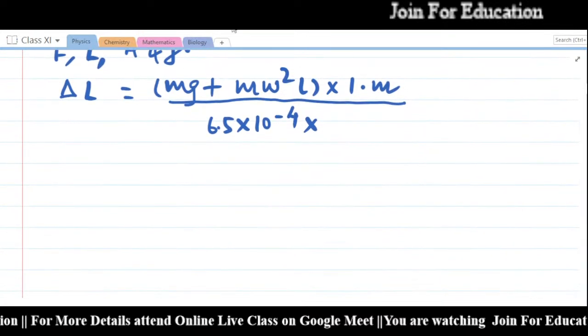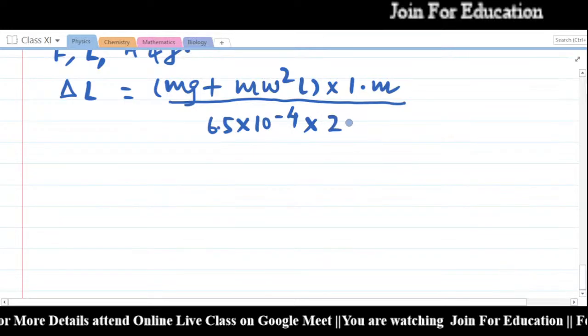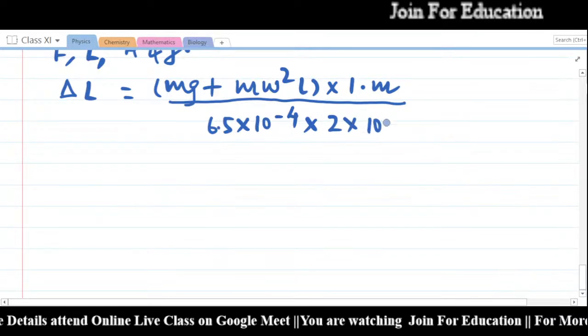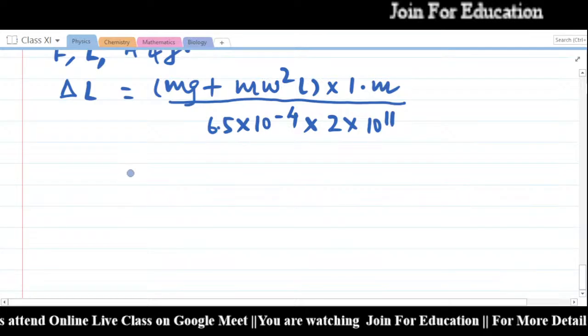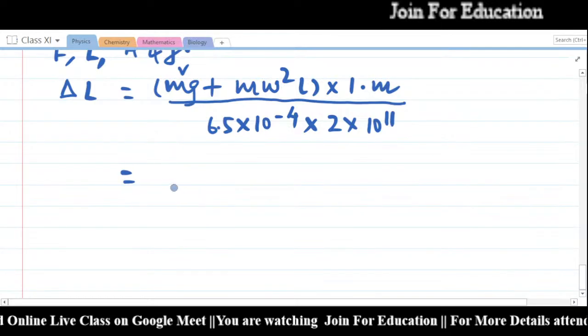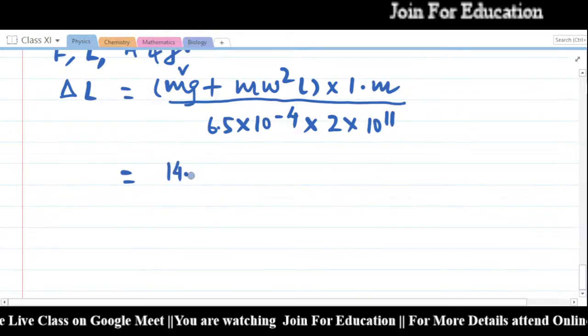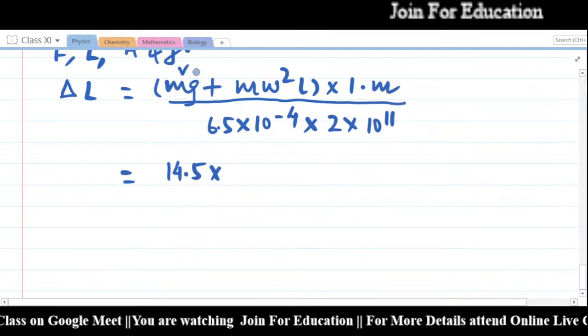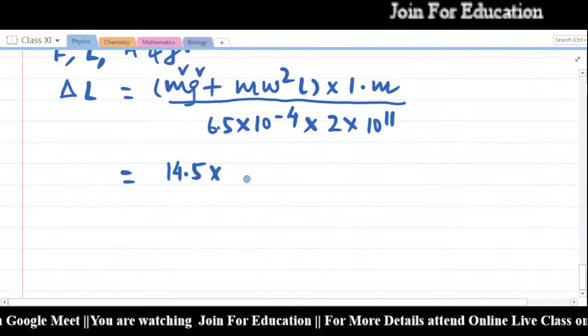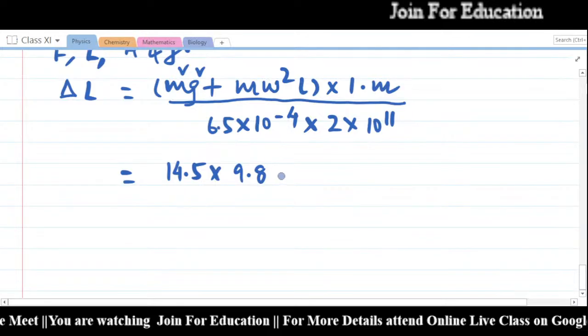So we write down here 2 into 10 to the power 11. The value of m is 14.5. We write down here 14.5, and the value of g is 9.8.